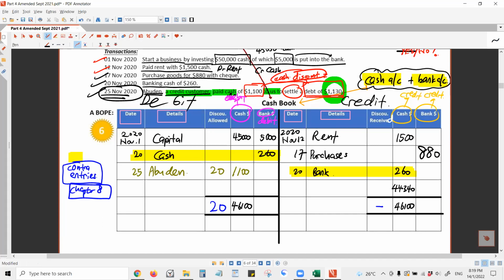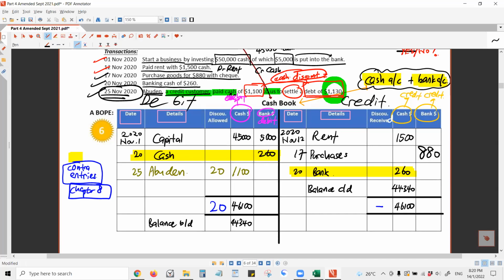This is the amount of cash you still have in the business, 44340. You write balance CD here. CD means carry down to the next period, the beginning of the next period. BD stands for brought down from the end of the earlier period.